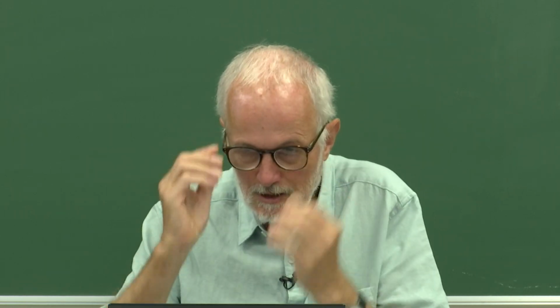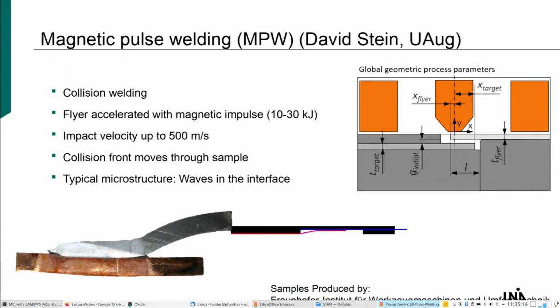And the parameter you can vary here is the pulse energy. It's typically given in kilojoule. In principle, a further parameter, and this will be seen in the next slides, is the velocity of the flyer. But this you cannot control, it's given by the pulse energy. But then you can adjust the distance here.